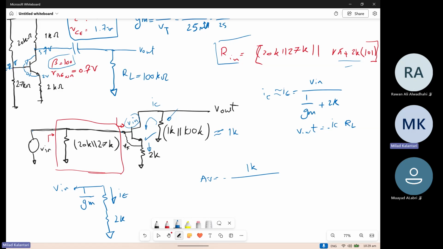You already found the IC, put it here. What will remain is this 1K, the RL, over 1 over gm plus 2K. So this is the voltage gain. Then how much is the value?